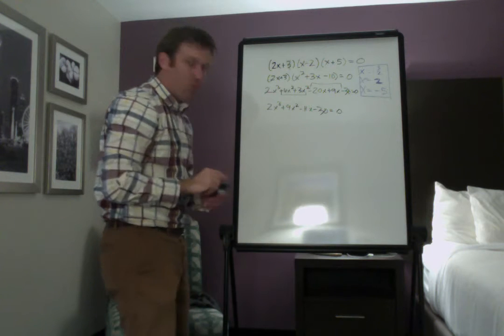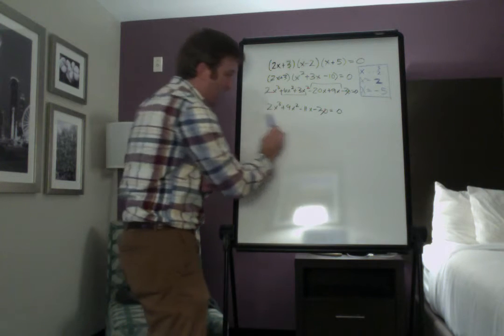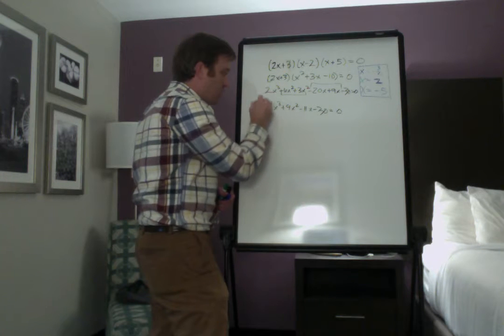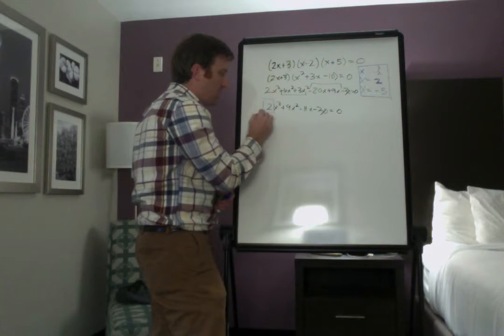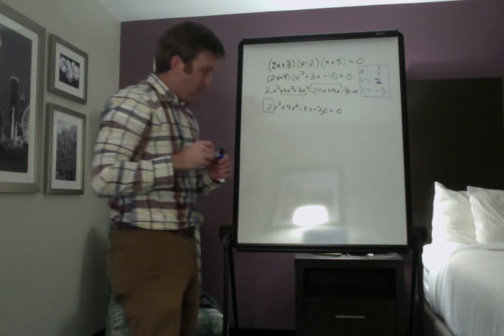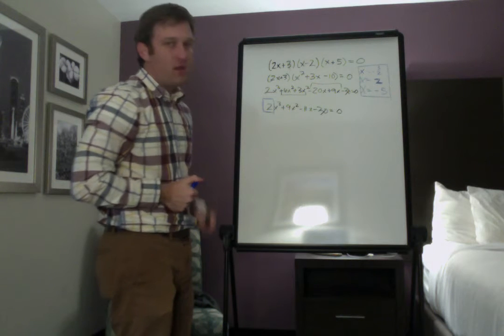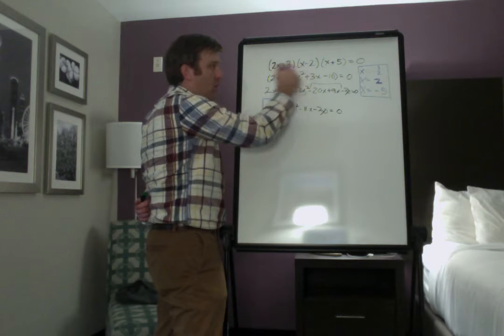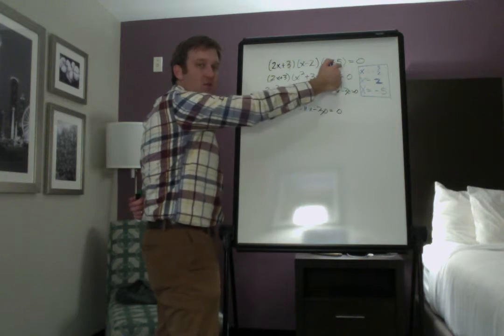So that means that whenever I see a binomial, if I look at the leading coefficient, that coefficient will be the product of all the leading coefficients of these binomials.